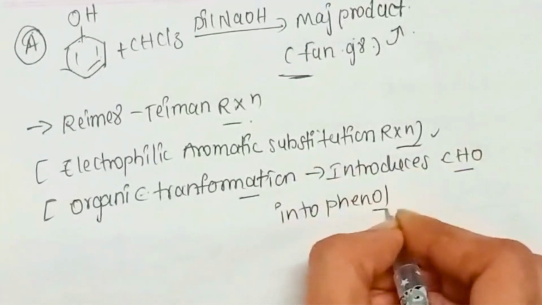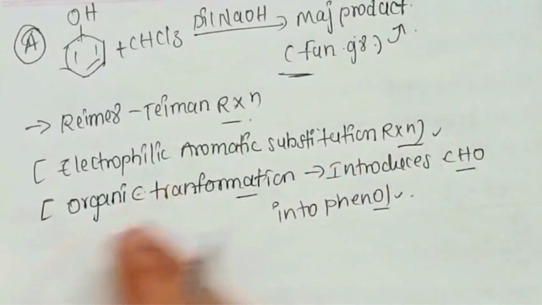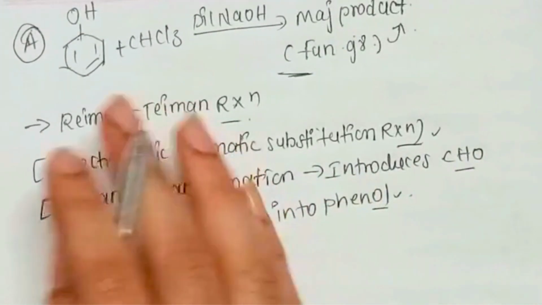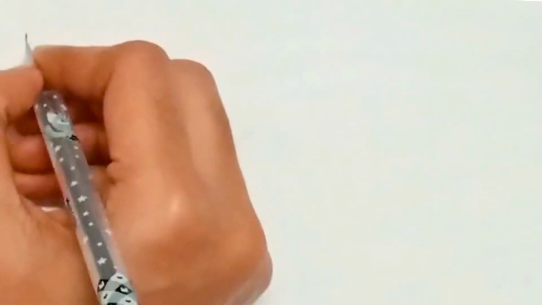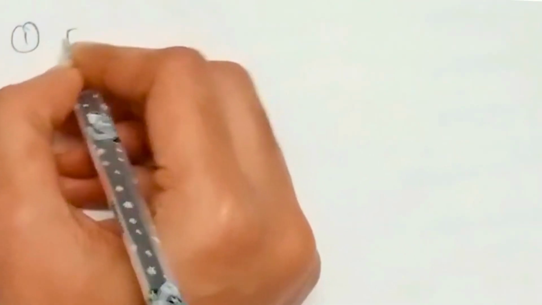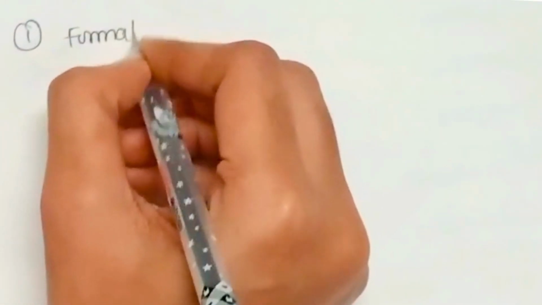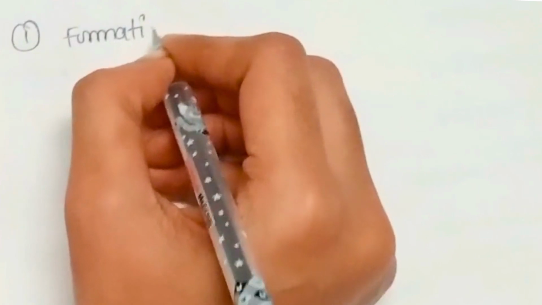Let's go through the mechanism that takes place in this reaction step by step. What is the first step? There will be formation of dichlorocarbene.